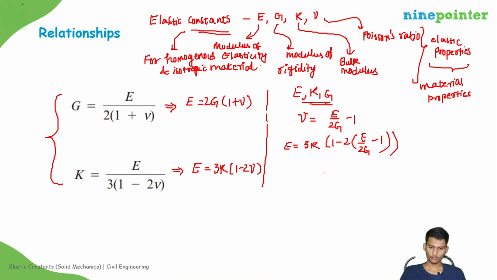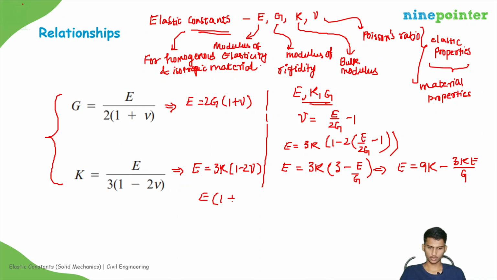So E is equals to 3K into (2 plus 3 minus E by G)... that will give us E is equals to 9K minus 3KE divided by G. So E of (1 plus 3K divided by G) is equals to 9K.